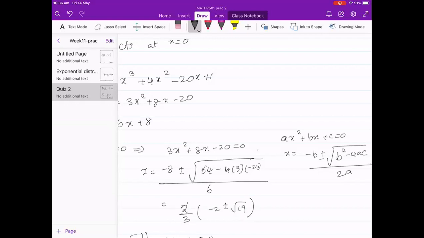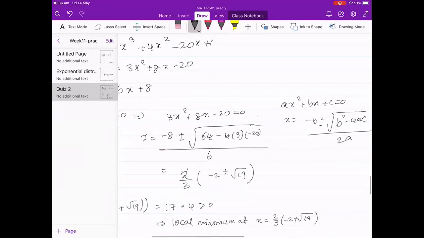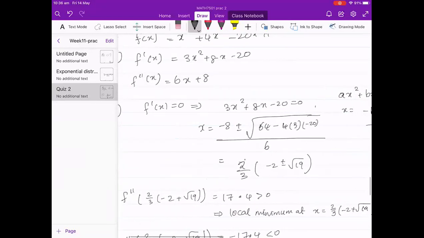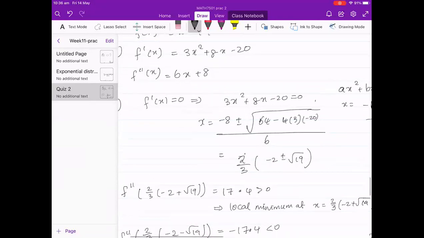Yeah, you could use the second derivative test. At x equals the positive part of the square root, that is, minus 2 plus square root of 19, the second derivative is positive. So that's the local minimum.